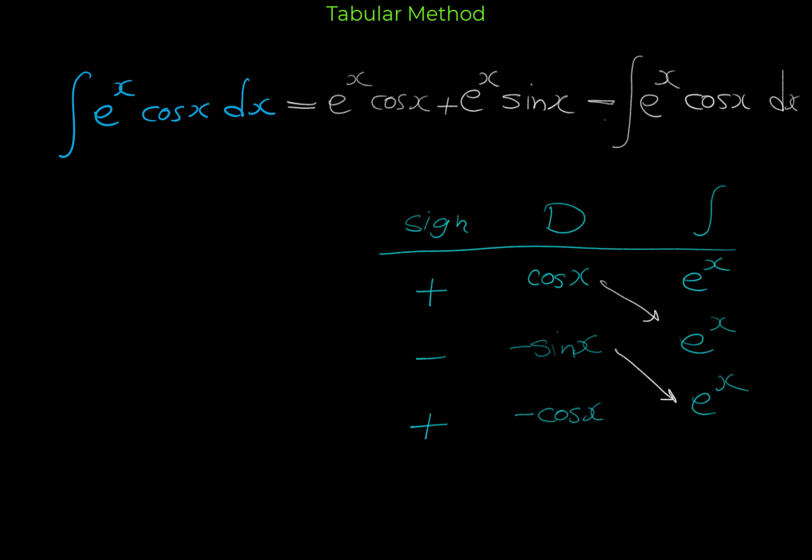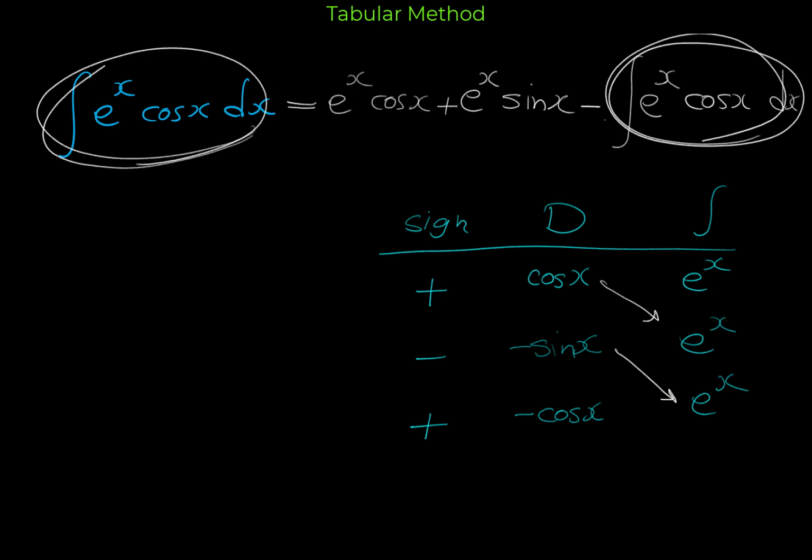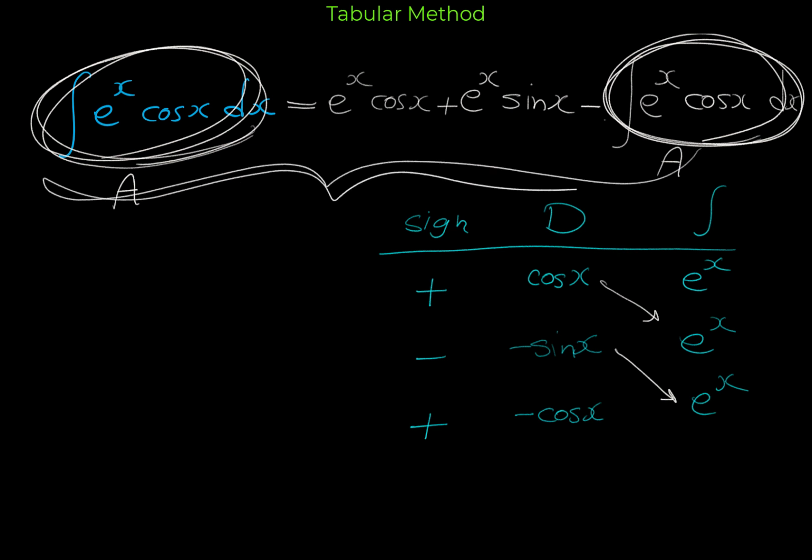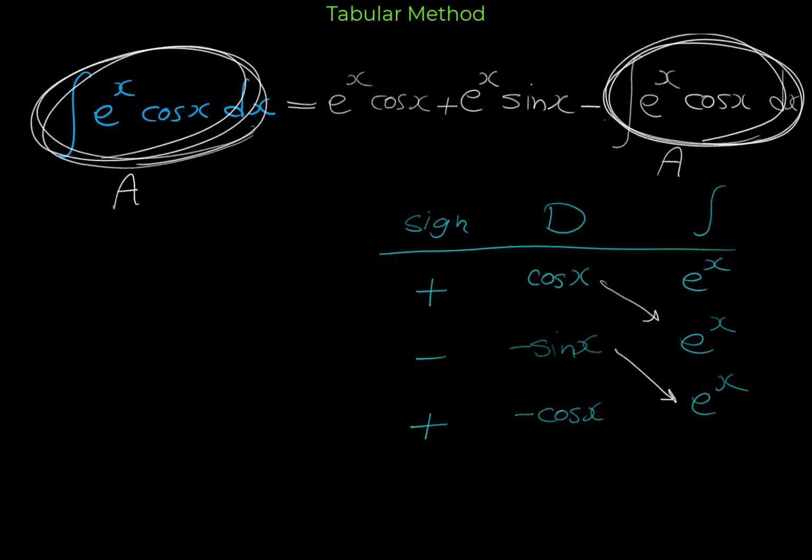So we have this. Now what we have to do for finding this integral? From this integral we got to the same thing. Attention, if I name this expression A, this is also A. Consider this as an equation. We want to find A, we want to find this integral.